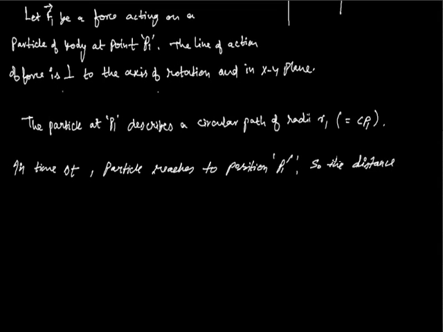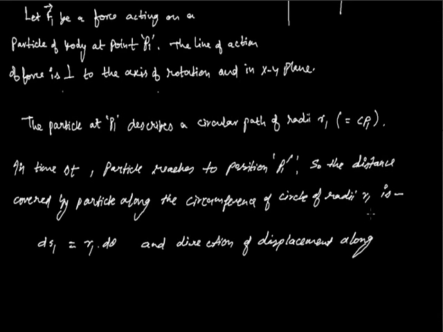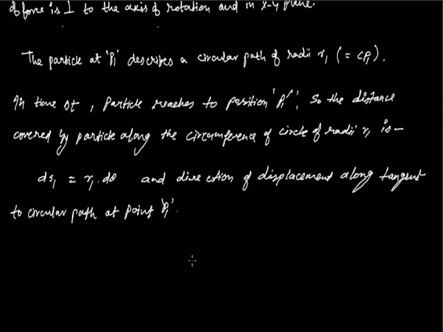So the distance covered by the particle along the circumference of the circle of radius r1 is ds1 equals r1 d theta, and the direction of displacement is along the tangent to the circular path at point P1. As we know, d theta is the angular displacement of the particle.